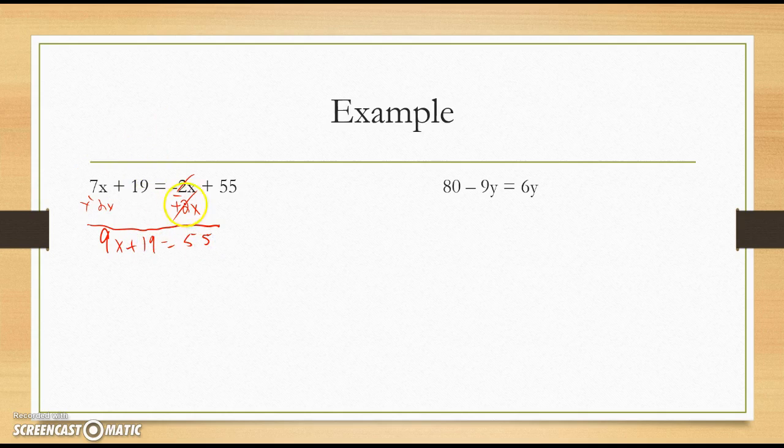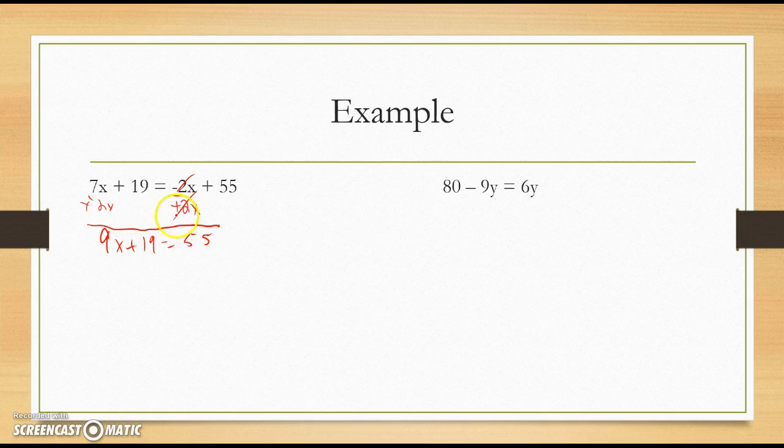And again, I brought the 2 over because the 7 was larger than the negative 2. Remember, the coefficient in front of the x is what I'm looking at. I want to bring over the lesser one to the greater one, because we're hoping to always have a positive coefficient. It may sometimes end up being a negative, but we prefer that it's a positive coefficient.